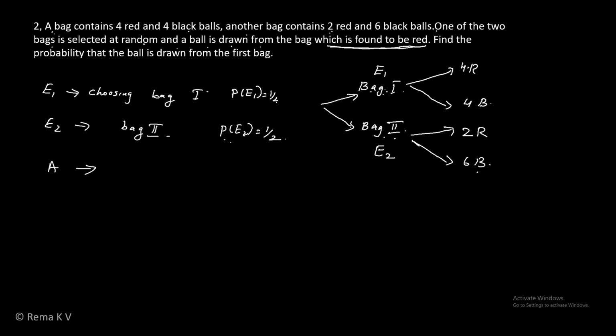That given condition is to be considered as the event A. A is the ball drawn is red. What is the known condition that is to be taken as the event A? Okay, A is the event, the ball drawn is red.